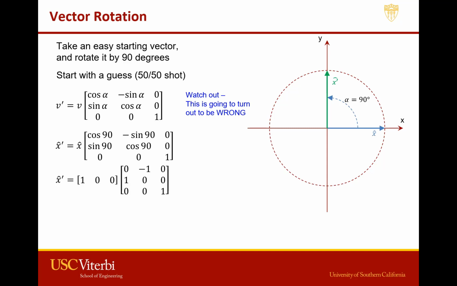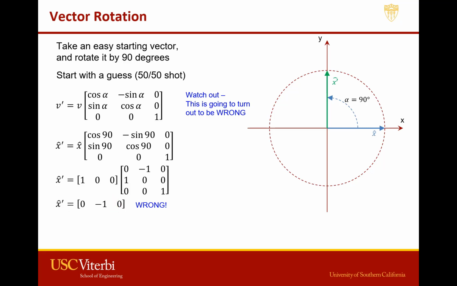I get 1 times 0 plus 0 times 1 plus 0 times 0. That's 0. So I'll have a 0, and then a minus 1, and then 0. What I get is 0, minus 1, 0.